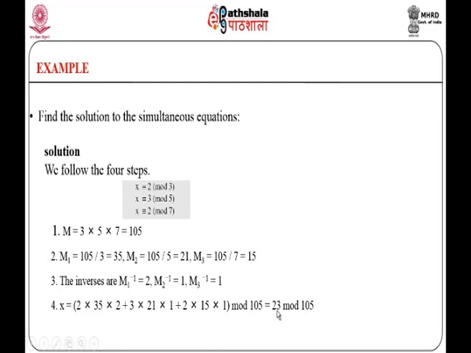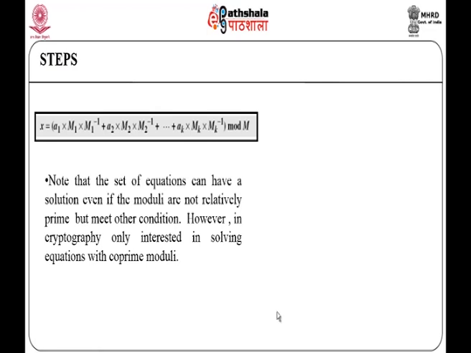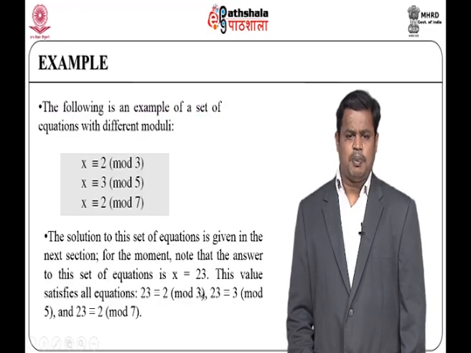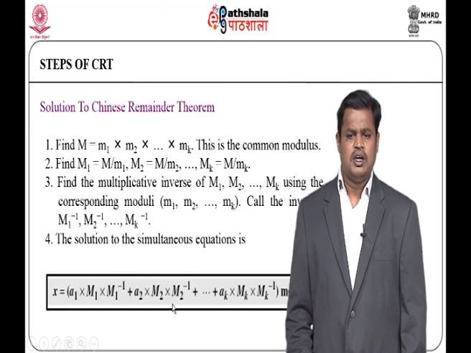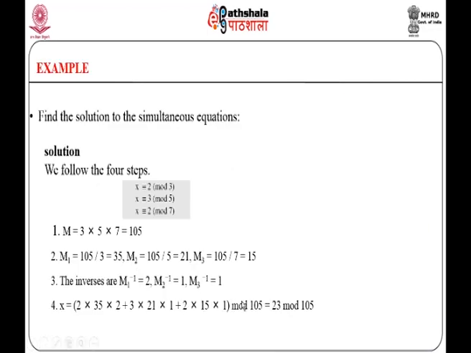So, now we got the answer, as we had already guessed: 23. We have now proved with the help of the Chinese remainder theorem that the answer is 23 when we have a set of congruence equations in this way.